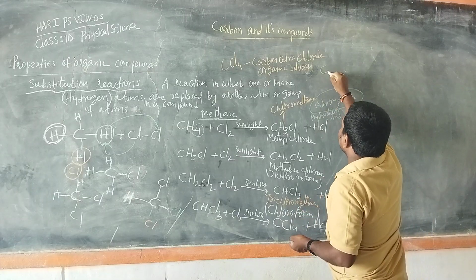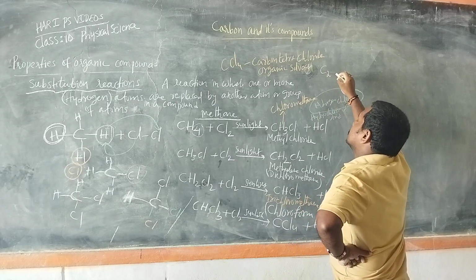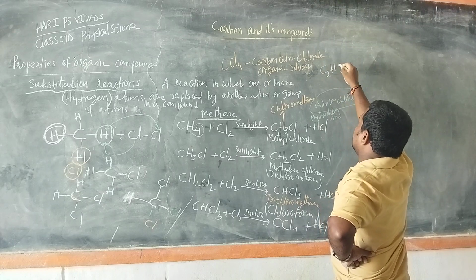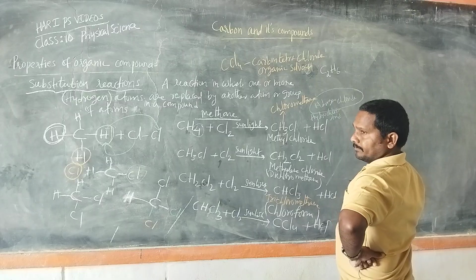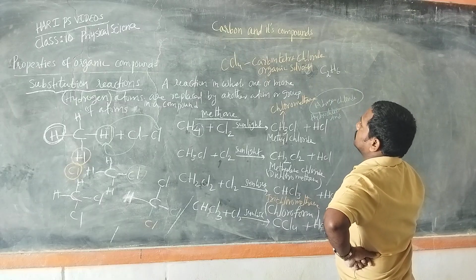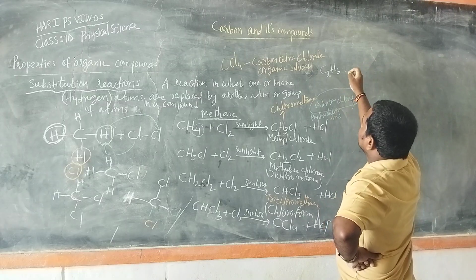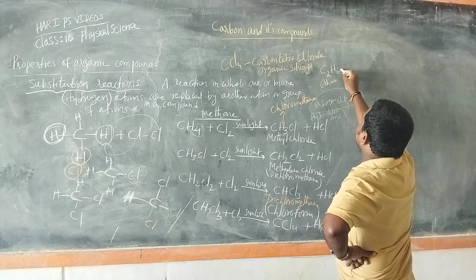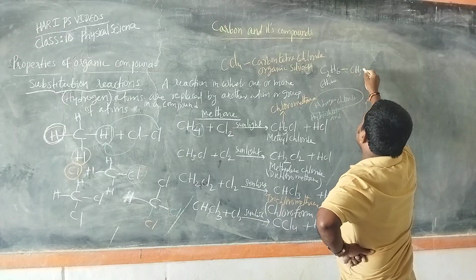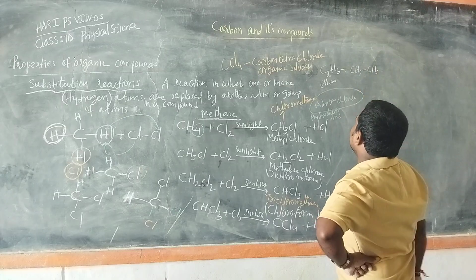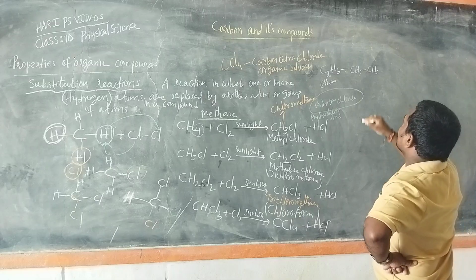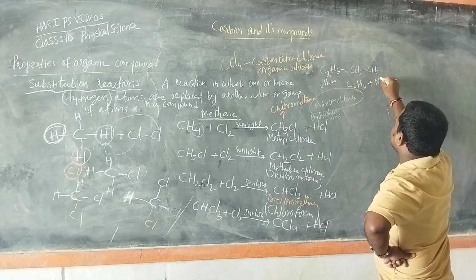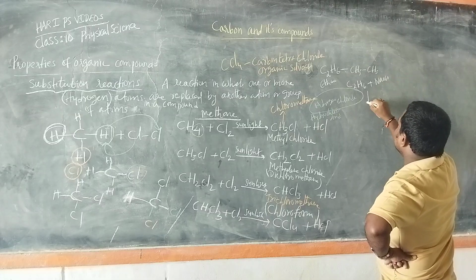For example, C2H6 is ethane. It is an example for ethane, and this should be written as a structure, CH3. So if ethane reacts with water or in the presence of sodium hydroxide, whatever.